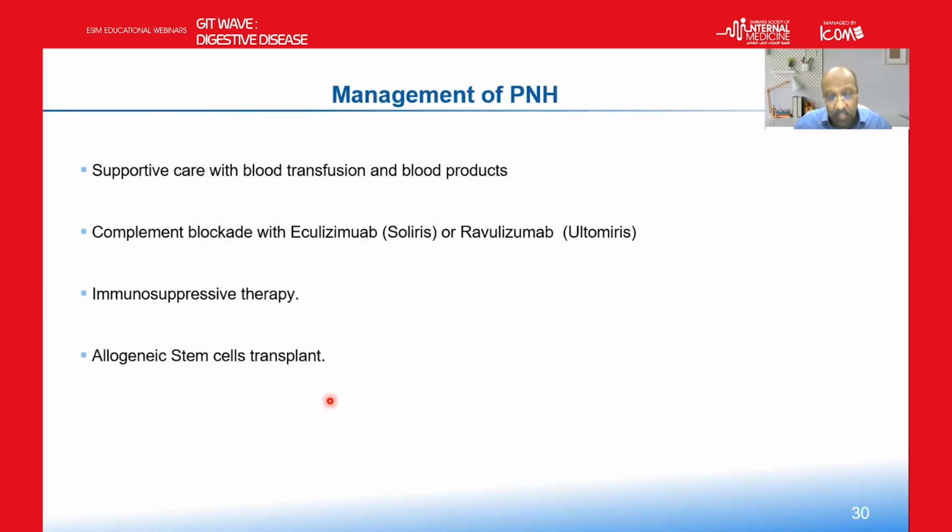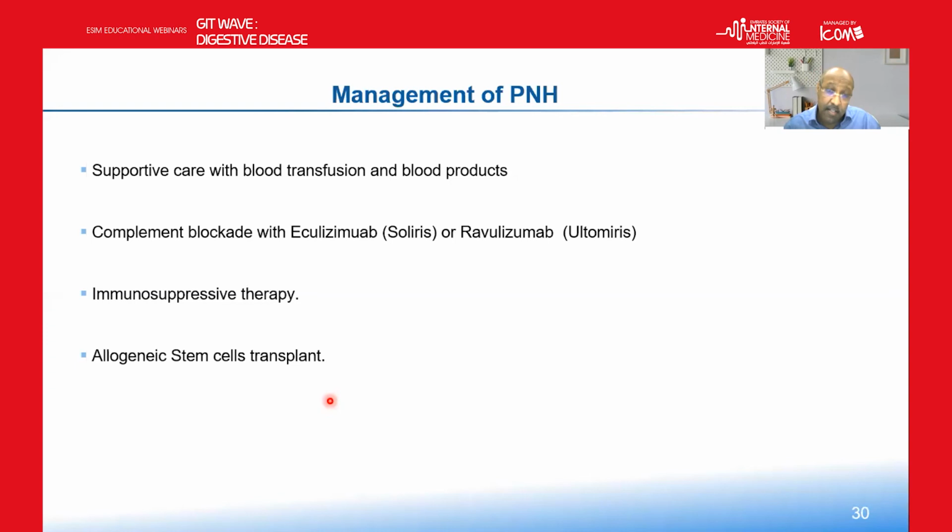You need to block the hemolysis by blocking the complement activation in these patients by using a monoclonal antibody called eculizumab, or Soliris. This is one available now in Tawam Hospital.